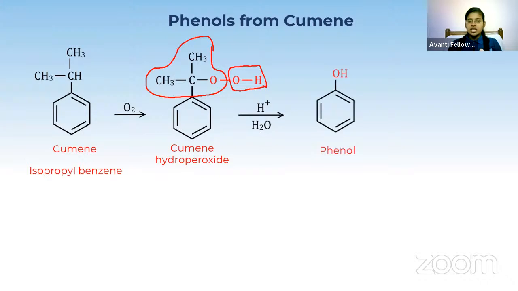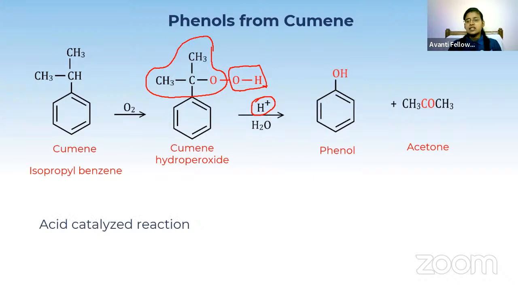CH3COCH3 will come out, and CH3COCH3 is actually acetone. So we are getting acetone and phenol as the products from this reaction. Got it? Since we are using an acid in this reaction, this is called an acid catalyzed reaction.